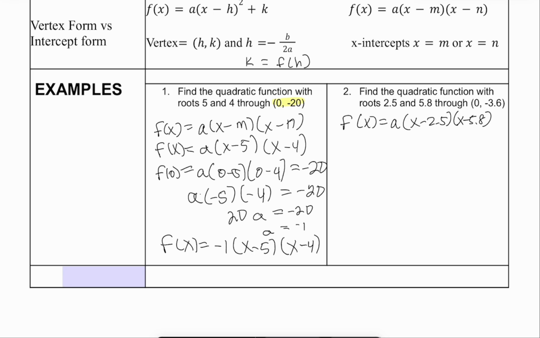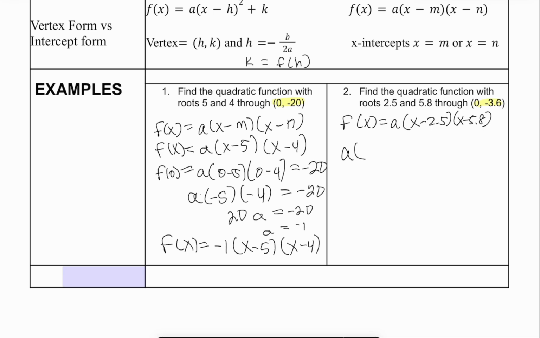Now, for part 2, I've started a little bit. It says find the quadratic function with roots 2.5 and 5.8 through the point (0, -3.6). So I plugged into that intercept form. I don't know my a, but I haven't used this point yet, so let's use that to help us.